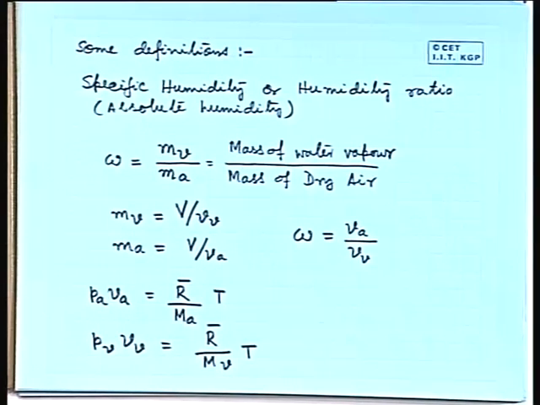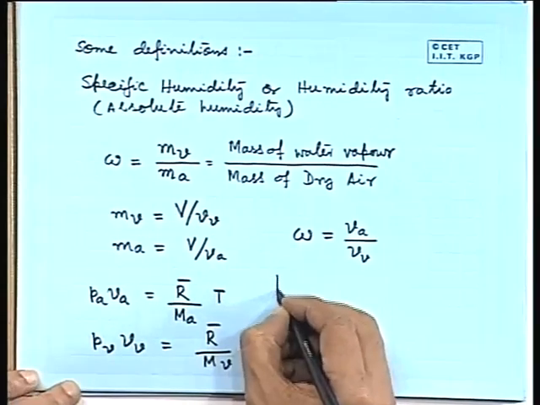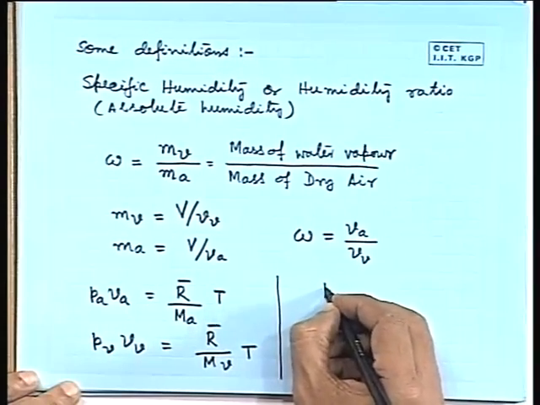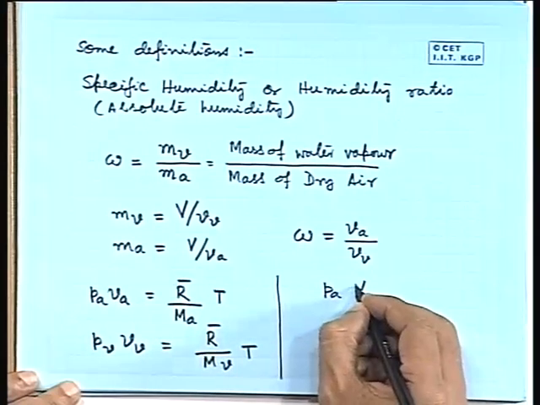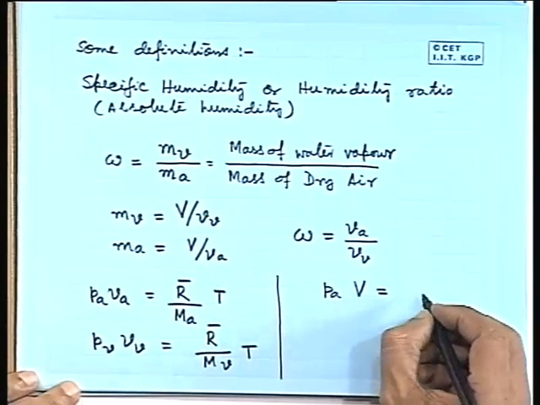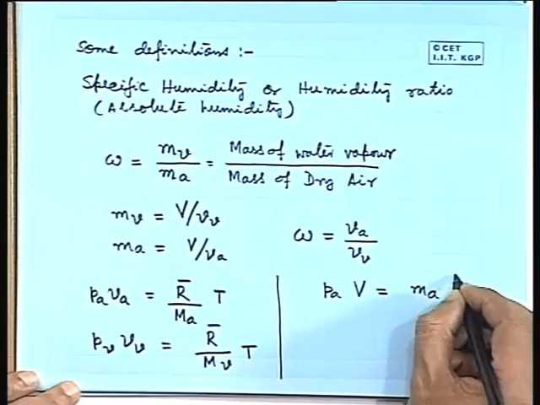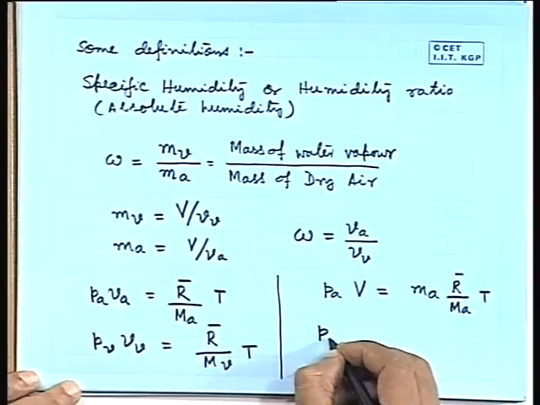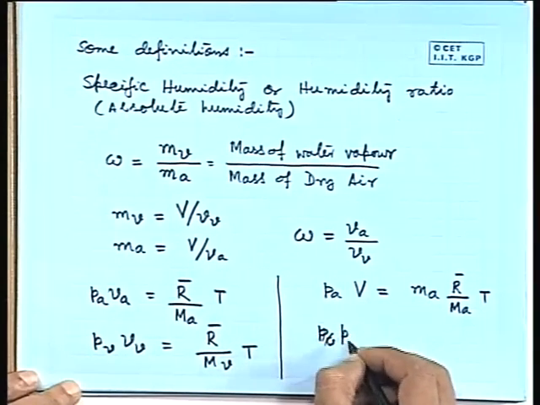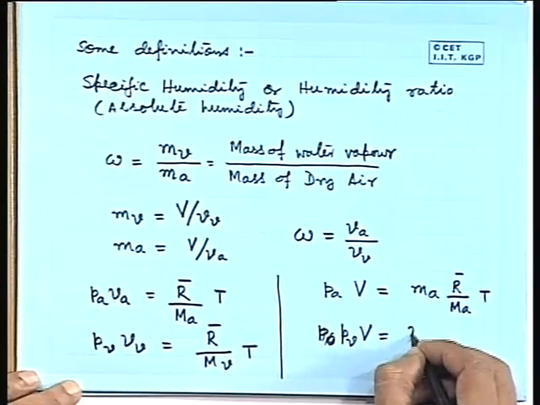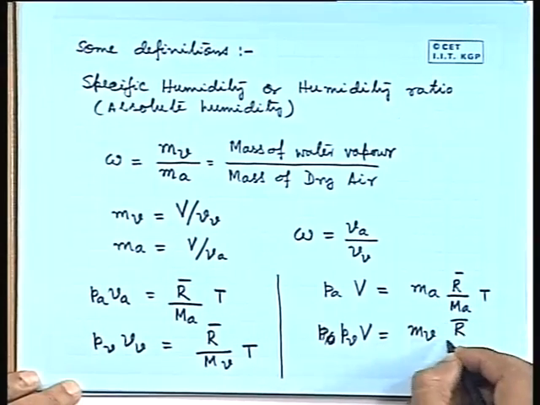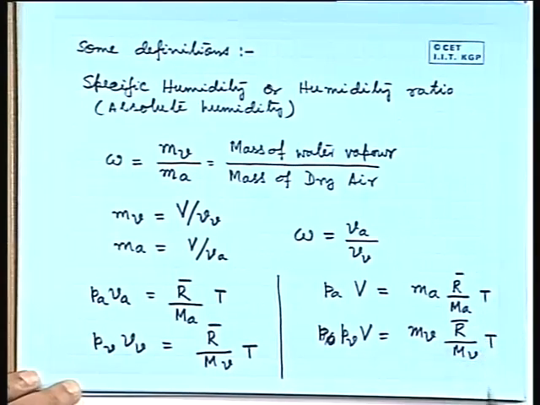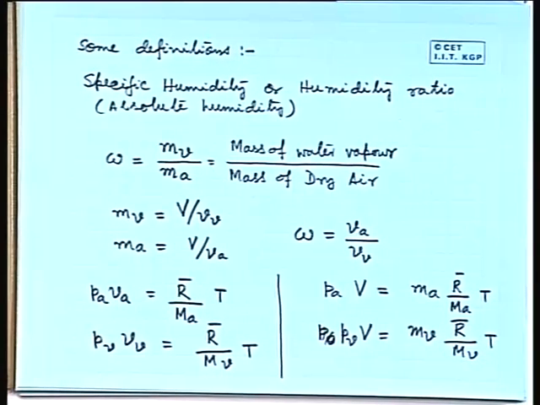All right. For a particular sample of moist air, one can write Pa into V is equal to ma R by Ma T, and Pv into V is equal to mv R by Mv T. What are these capital Ma and capital Mv?